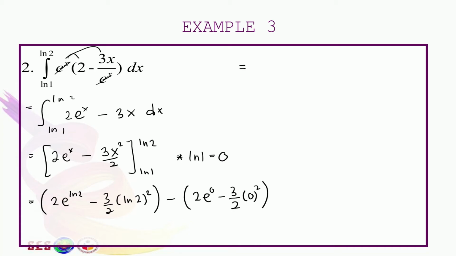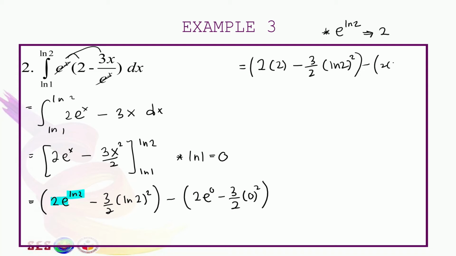As you can see here, we have 2e to the power of ln 2. e to the power of ln 2 is actually equal to 2. Therefore, we have to multiply 2 with 2, minus 3 over 2 multiplied with (ln 2) to the power of 2, minus, e^0 is equal to 1, and then minus 0.